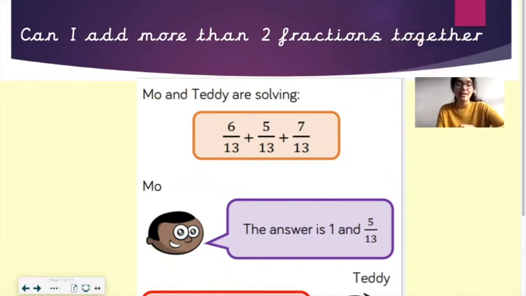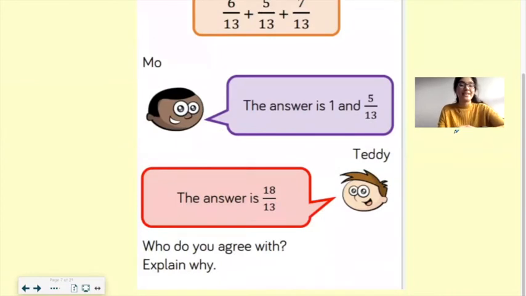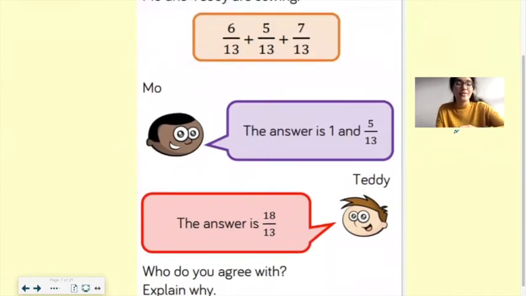Mo and Teddy are solving 6/13 plus 5/13 plus 7/13. Mo says that the answer is 1 and 5/13. Teddy says that the answer is 18/13. Who do you agree with and why?